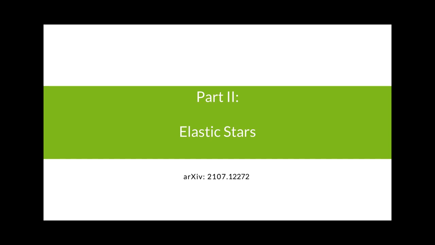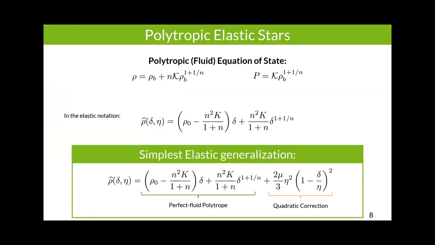So now I'm going to go to the main part of the talk, which is the applications of this formalism, right? This second part on elastic stars was based on a paper that I put out a year ago with collaborators. And here I want to first do a simple case of an elastic star, right?